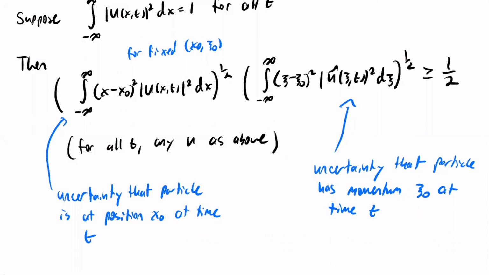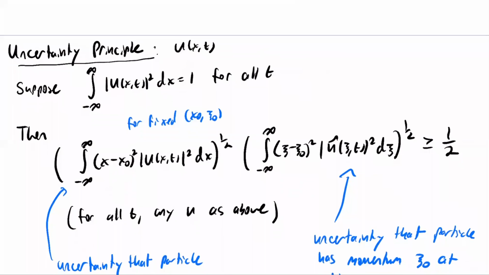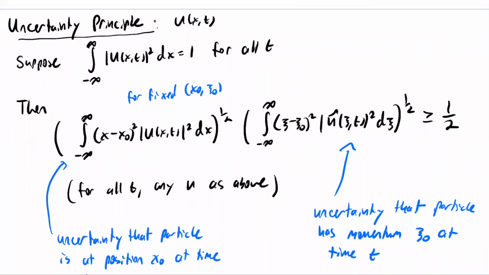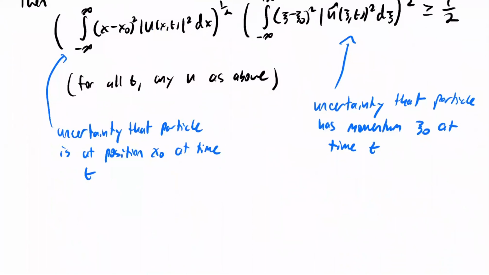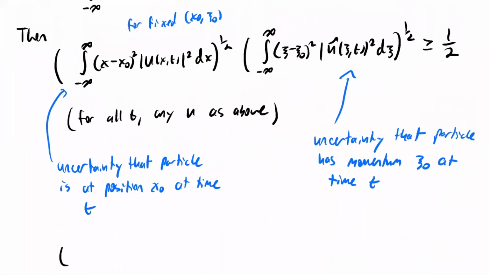Okay, and so what does this have to do with what you may know as the uncertainty principle? Notice, I forgot, I should have had a 1/2 pi in here, because remember the momentum involved a 1/2 pi, sorry about that.